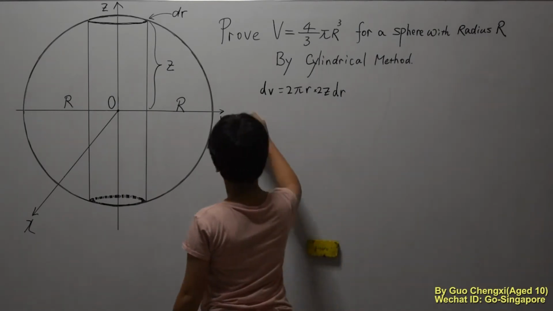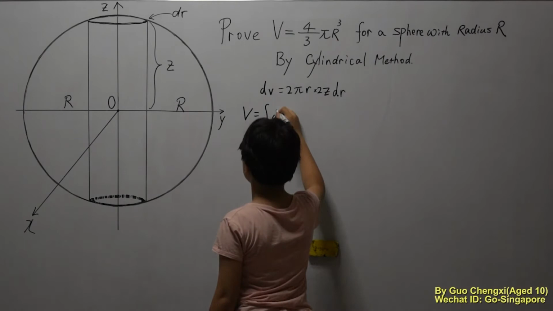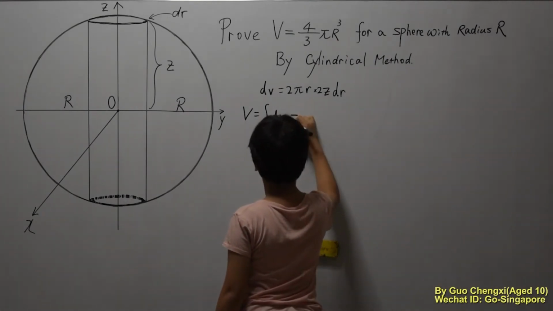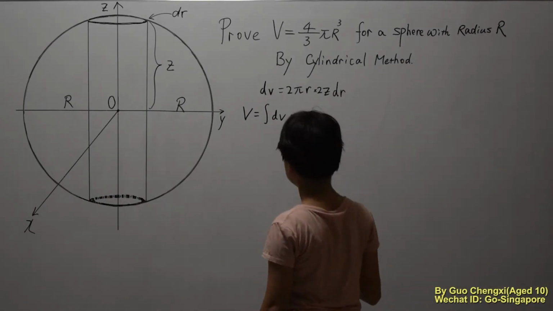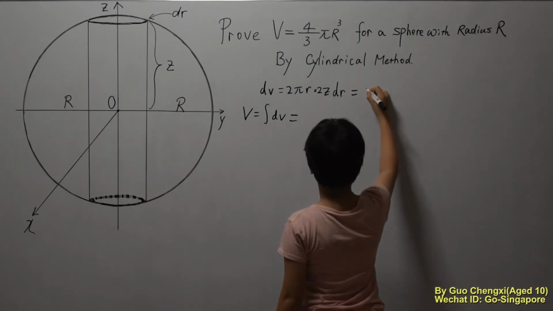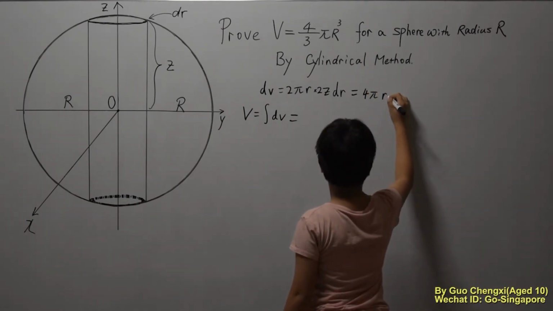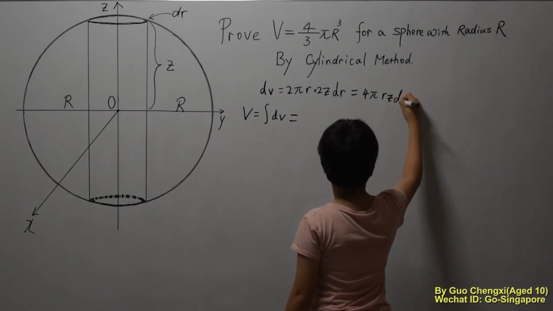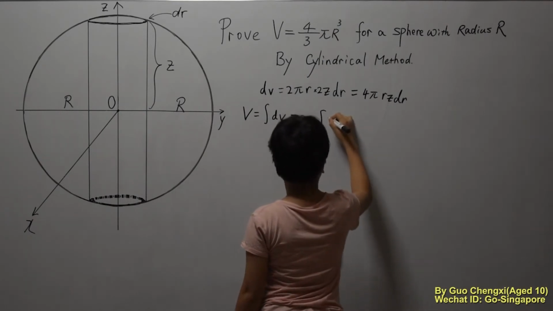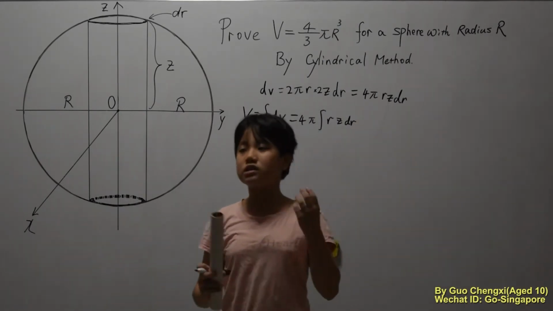Okay? So in order to find V, the volume, you need to integrate it. Right? Yeah, that's what we always do. Then after that, what to do? What is dV? Okay, first, this part you can take out the constant, then after that, r times z, then dr. So over here you can take out the 4 pi integral r z dr. But wait, what's r?